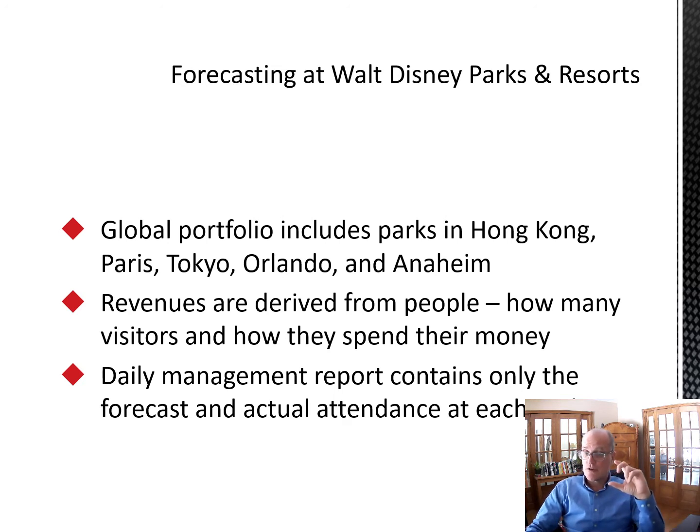So when you have a daily management report at Disney, it only contains forecast and actual attendance at each park. So they clearly focus on those. Anticipating that, forecasting that, becomes pretty accurate, and they evaluate themselves by saying, this is what we thought was going to happen, this is what actually happened, and that becomes an important consideration.